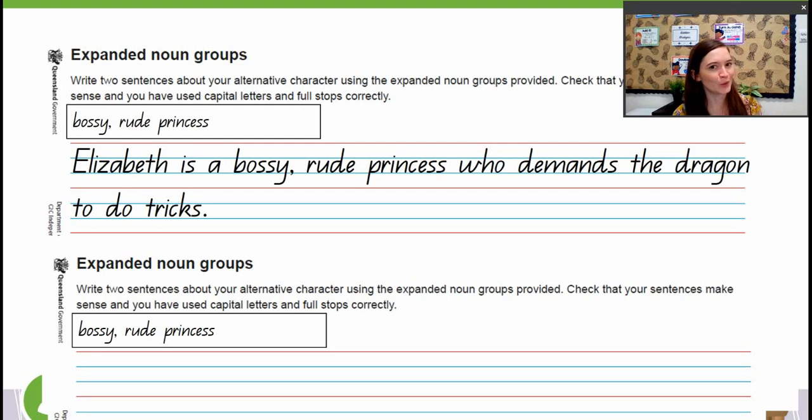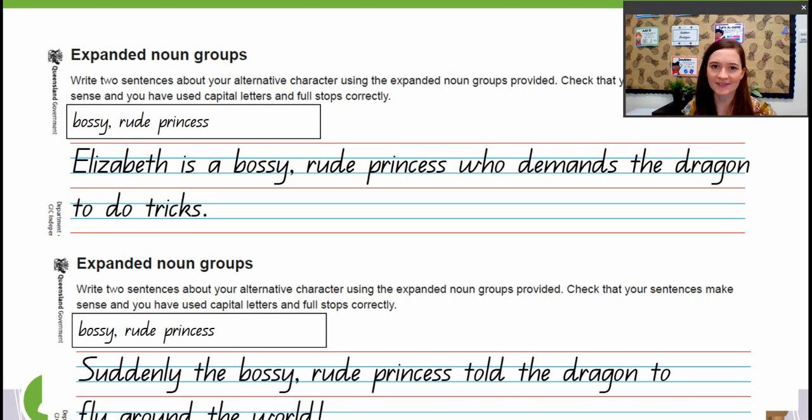What's a good opener that you could use? Have a little think. So I've gone with suddenly. So that's a bit different. Suddenly, the bossy, rude princess told the dragon to fly around the world. Okay, so that's my example of how I would put a noun group into a sentence.